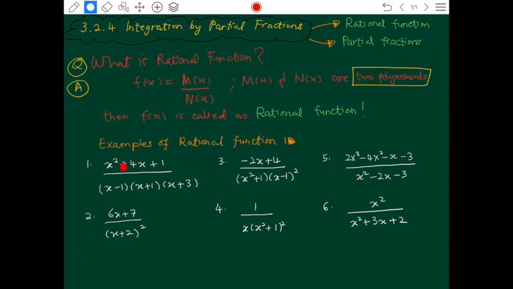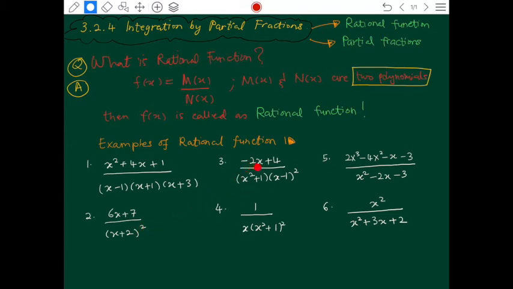Now such examples of rational function are like this. So we have x squared plus 4x plus 1 over x minus 1 times x plus 1 times x plus 3. This is 6x plus 7 over x plus 2 squared.